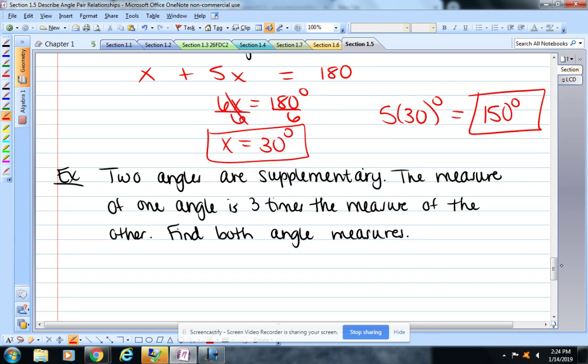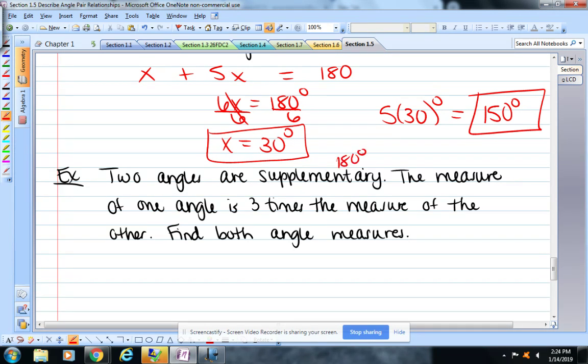So complementary is 90 degrees. And together they're 180 degrees. 2 complementaries make this supplementary. Does that make sense? If it don't, it's okay. Just memorize it. Okay, so these are supplementary, which means 180 degrees.